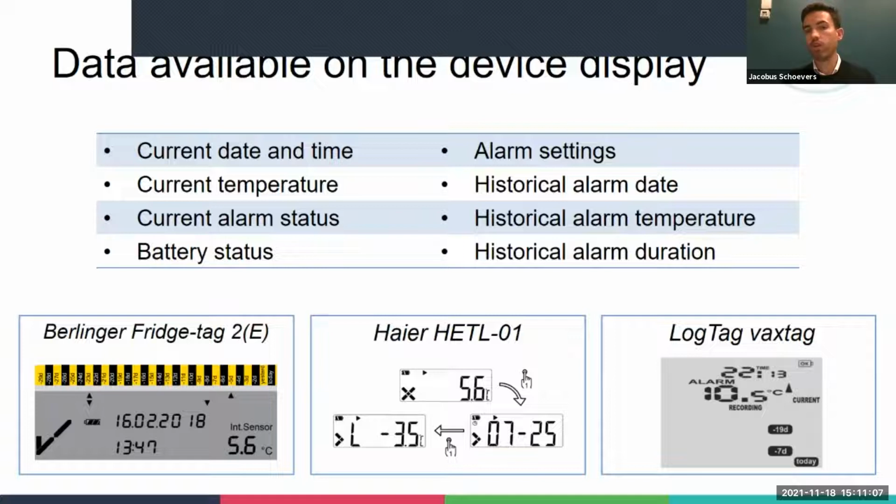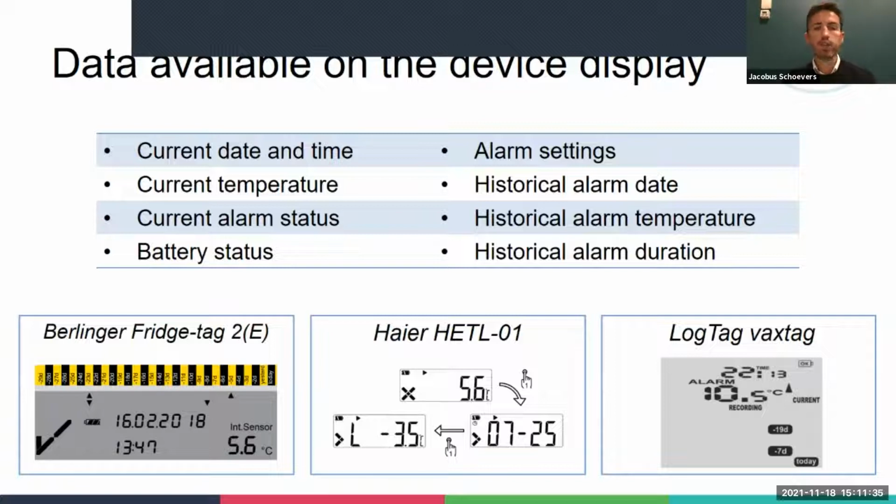And then if you look at the bottom right of the screen, it will show you that today it has picked up an alarm. 7 days ago, it has picked up an alarm as well. And 19 days ago, it has also picked up an alarm. At the top, you can see the current time as well, 13 minutes after 10. And at the top right-hand corner, you can see the battery status, telling you that the battery is still okay.